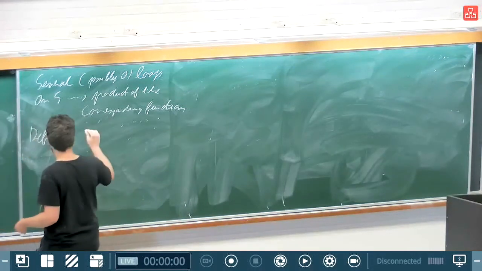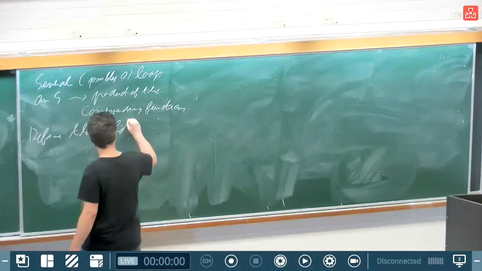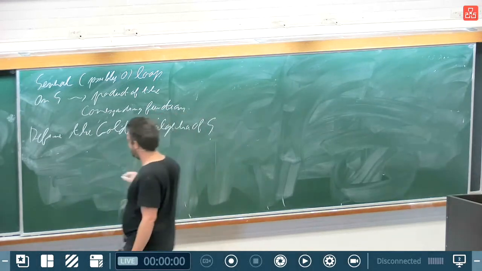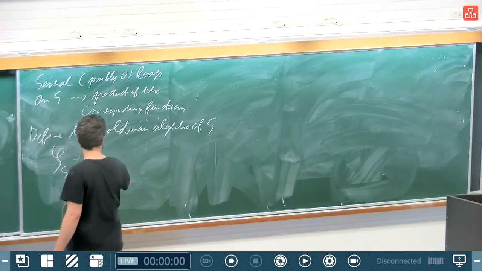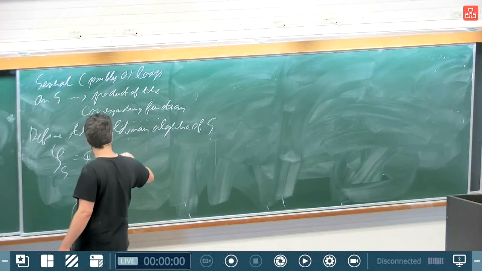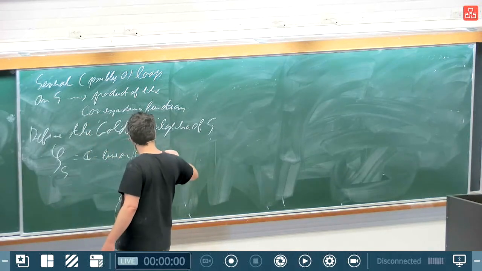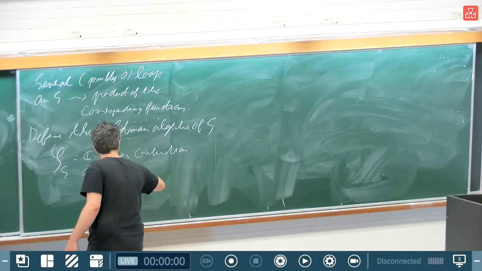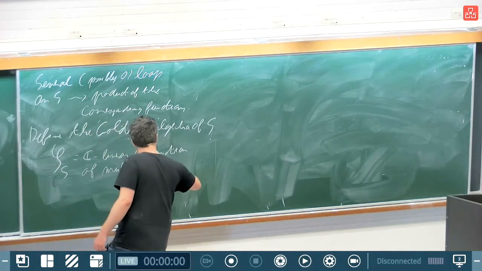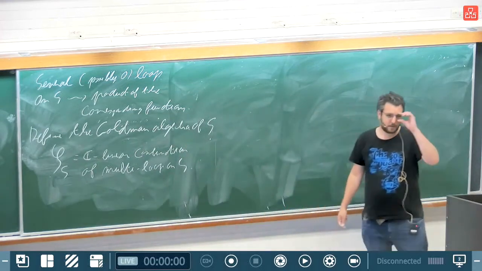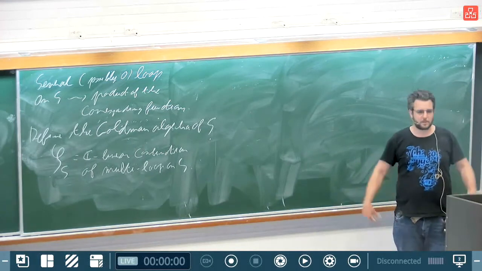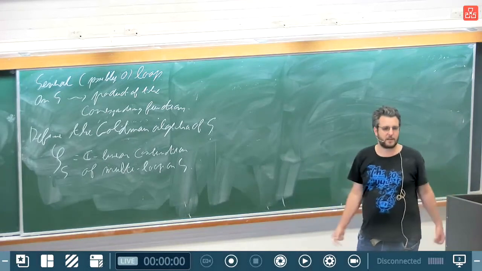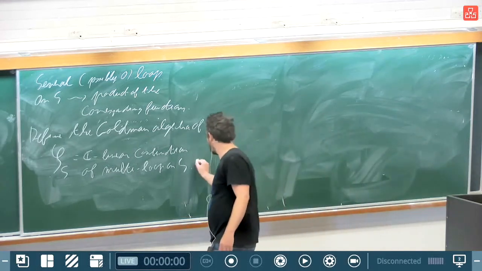So I want to call this maybe the Goldman algebra of S, which is just the space of C-linear combinations of what I want to call multiloops on S. So you just take a bunch of loops on your surface, possibly zero, the empty one, and then you take formal C-linear combinations, up to homotopy of course.